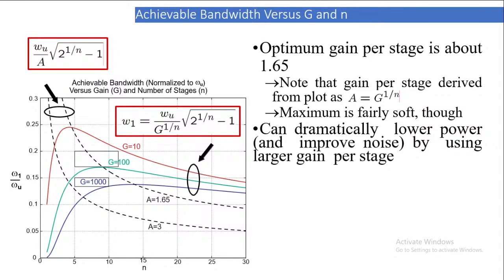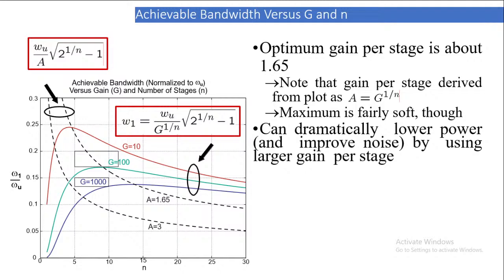When we have A is equal to 1.65, we have the ratio of omega 1 to omega u much larger compared to when we have A is equal to 3, gain is equal to 3 of the single amplifier. Similarly, gain G is equal to 1000, G is equal to 10, G is equal to 100. All those are shown here.